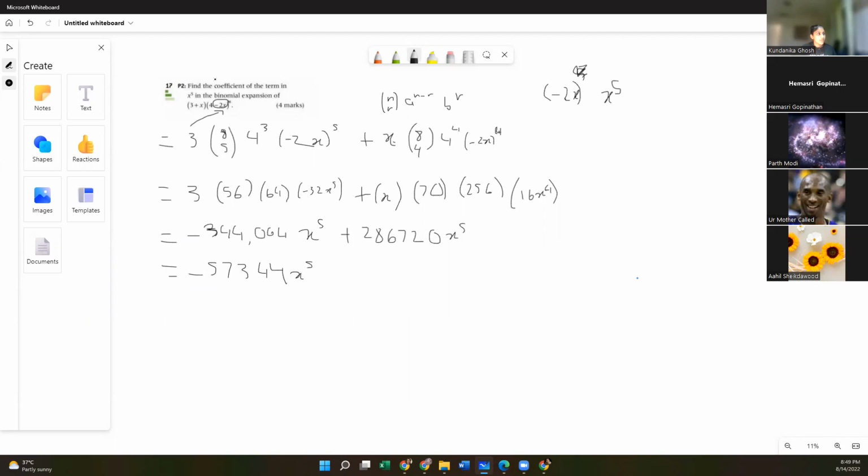Therefore, the coefficient of the term in x to the power of 5 in the binomial expansion is this number right here, right? You get that? Yeah.